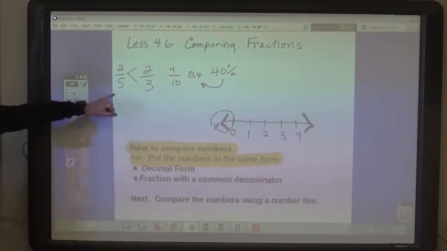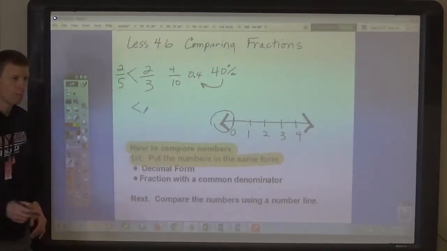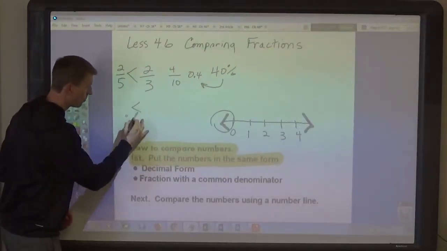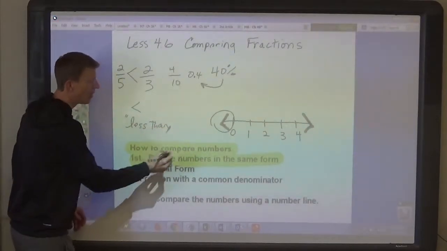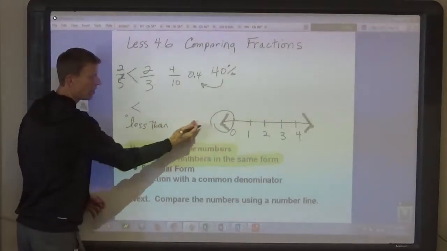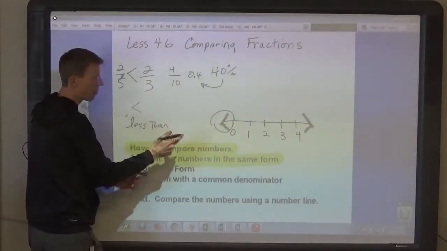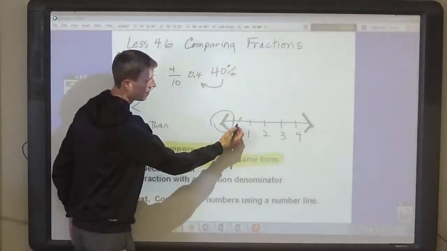Okay? This sign, it's an arrow pointing to the left. It means less than. And on a number line, it means that 2/5 is to the left of 2/3 on a number line. Like this.